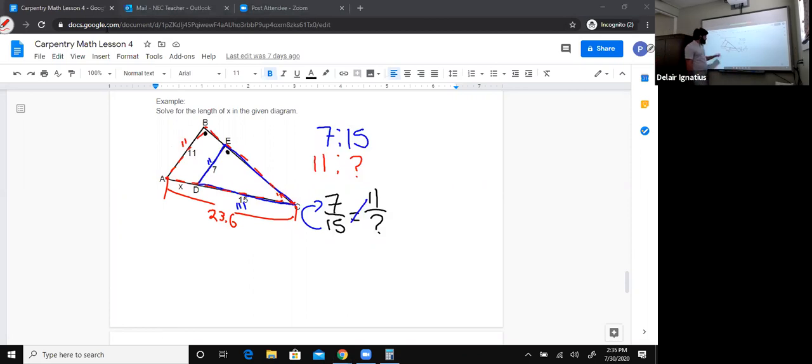Then you just subtract 15 because we already know this length. This part of it is 15, so what's left with the x is 23.6 minus 15, which is equal to 8.6. There's more digits, but we don't need them for this particular example.